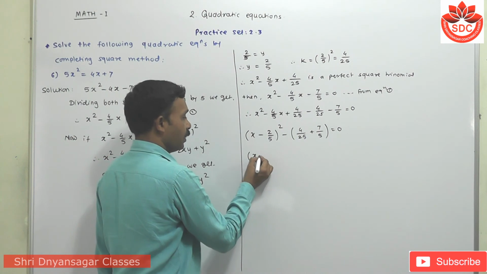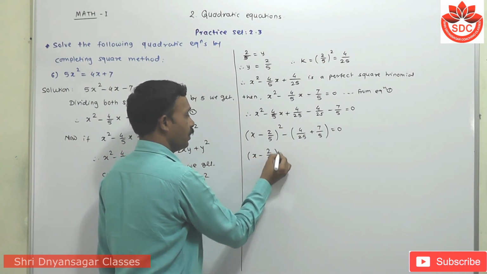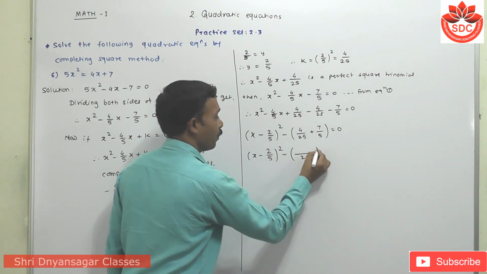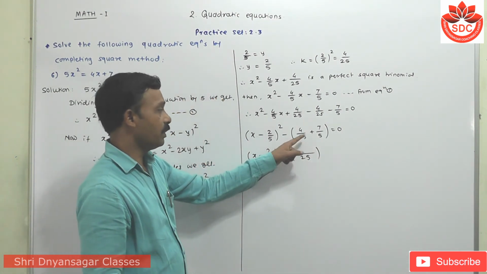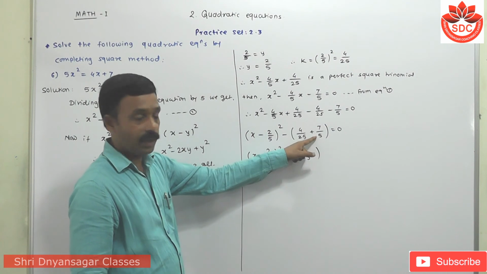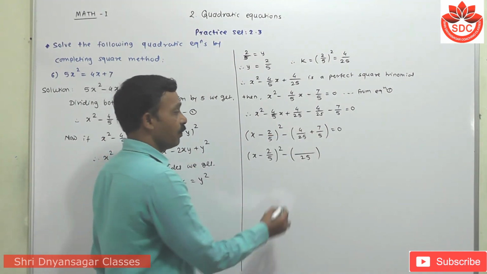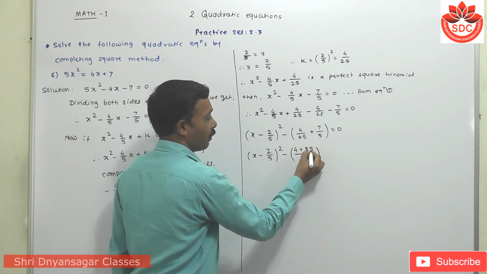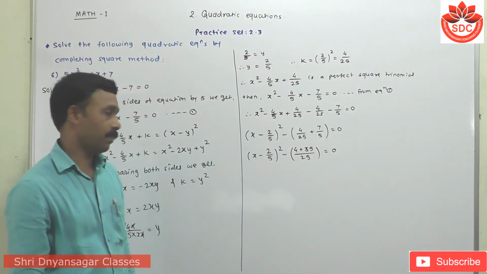Then we write x minus 2 upon 5 bracket square minus, here the LCM is 25. Now here 25 is present, here we have to multiply by 5, so we multiply its numerator also by 5, that means 4 plus 7 fives are 35, is equal to 0.